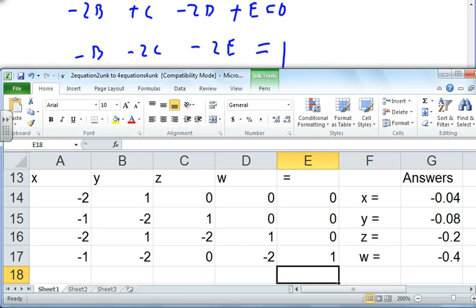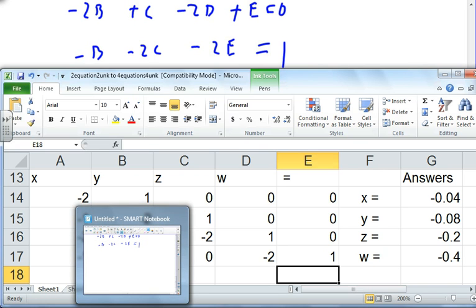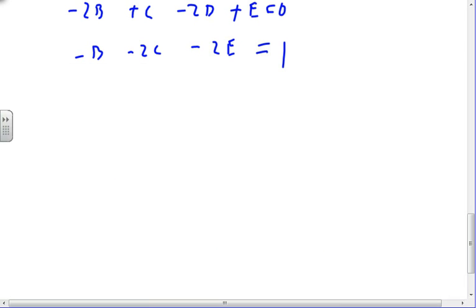Alright, so A is 4/100, which is 1 over 25, right? So A is 1 over 25.